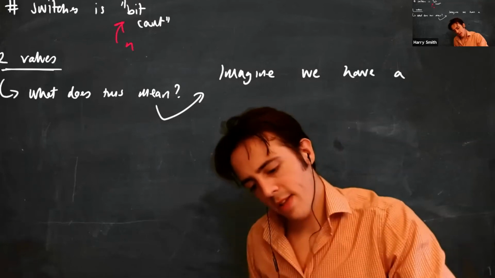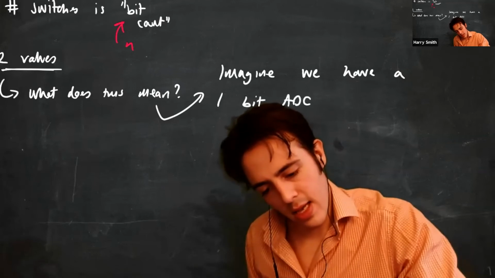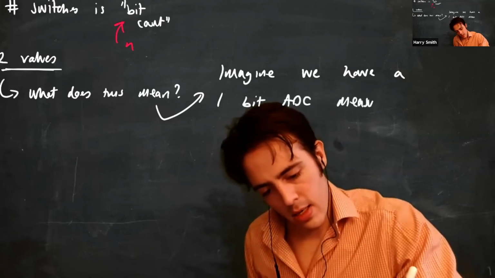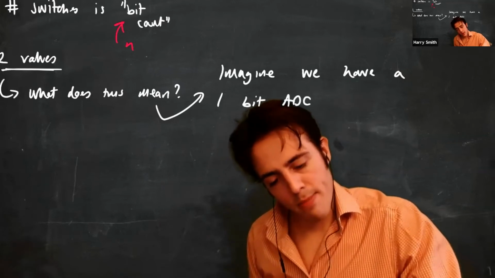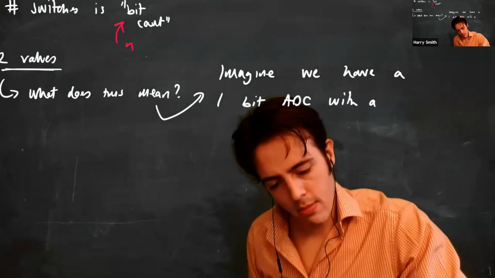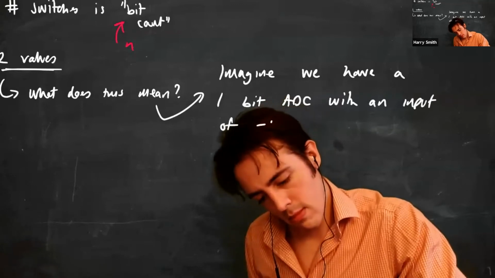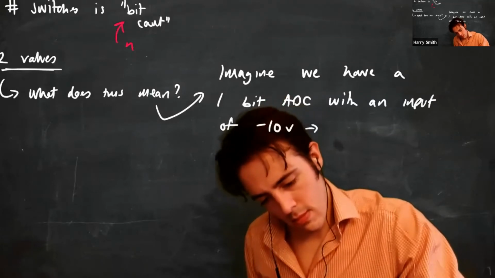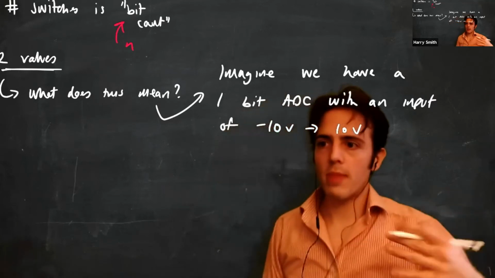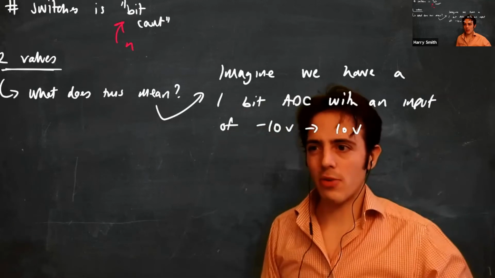Imagine we have a 1-bit ADC with an input of -10 to +10. So what it means is that for any value of voltage, it's only got 2 values it can store it as.